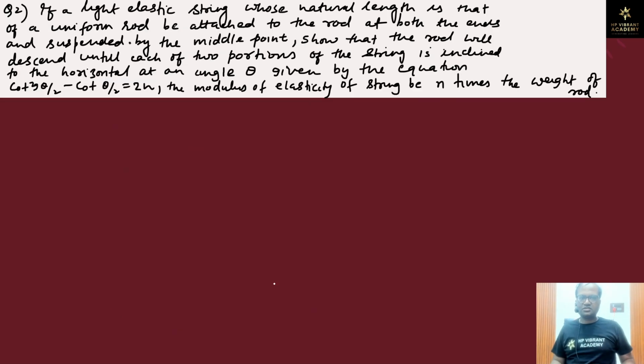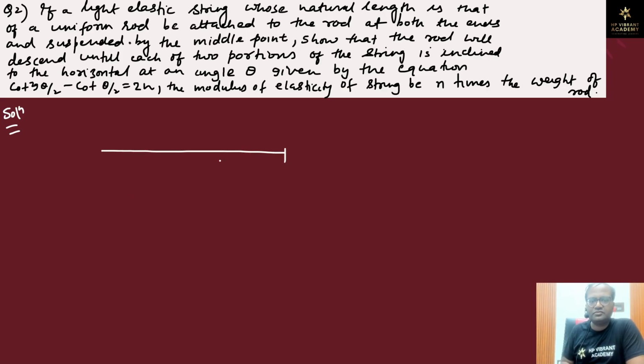So let us discuss question number 2. How can we solve this? We have a light elastic string whose natural length is that of a uniform rod. So this is our uniform rod, and this is point O. The string is attached to the rod at both the ends and suspended by the middle point.